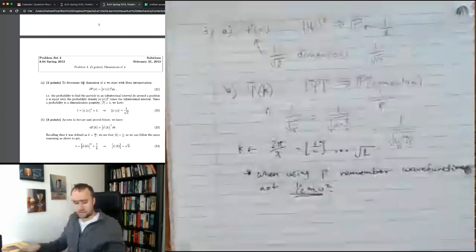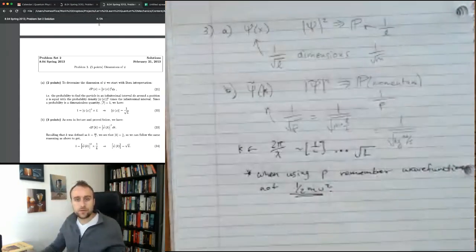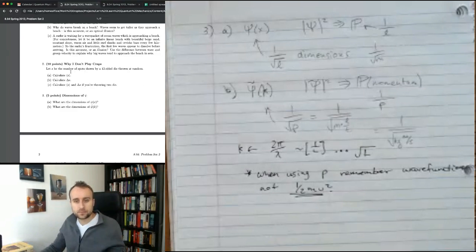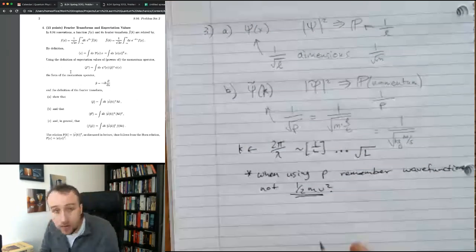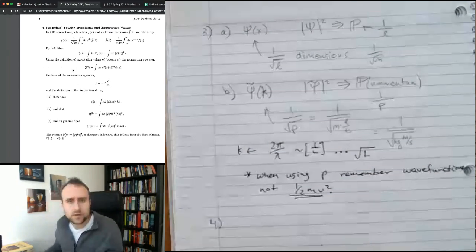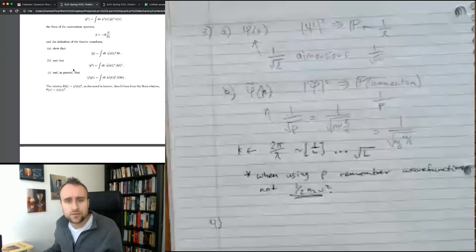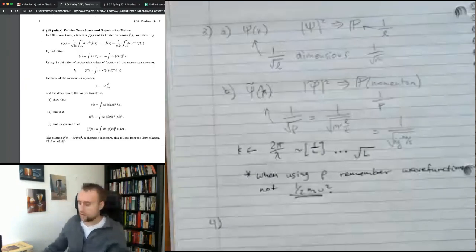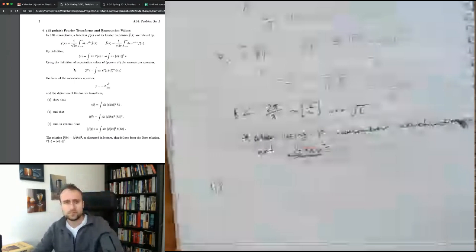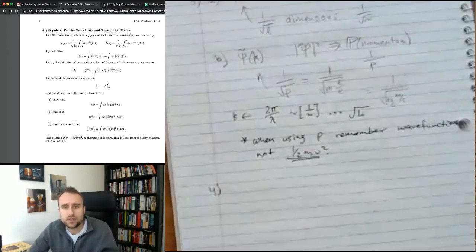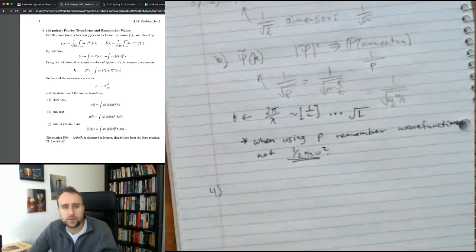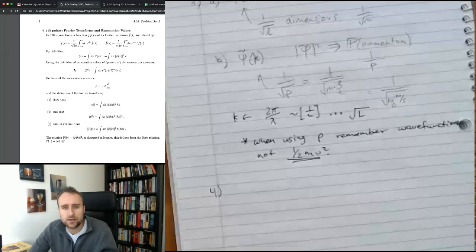All right, let's do question number 4. Fourier transforms and expectation values. I think that was it. Was there any more? Yeah. Question 4. Fourier transforms and expectation values. In 804 conventions, a function f of x and its Fourier transform f tilde k are related by this. Okay, that we know. By definition, the expectation of x is equal to this, is equal to that.